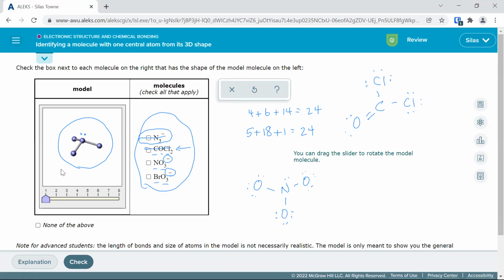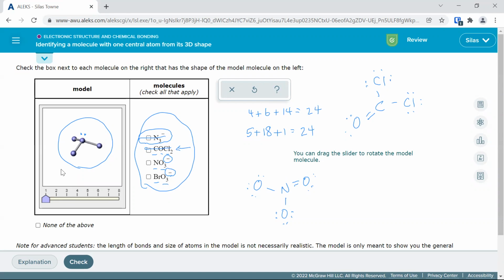We got 8 plus 8 more is 16, plus 8 more is 24, and we're at 26. So again, it looks like it's going to need a double bond to one of the oxygens to get to 24. So we're back to that trigonal planar and not trigonal pyramidal.